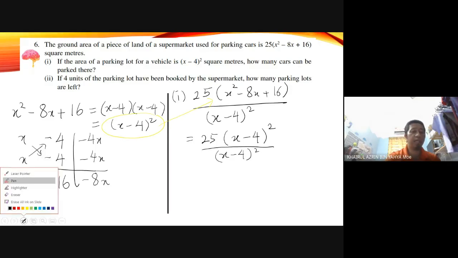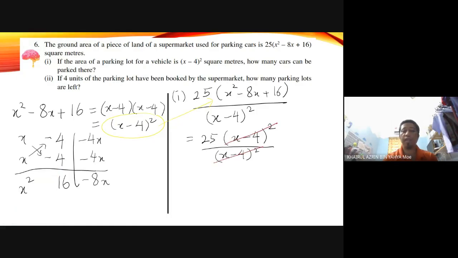Now we can eliminate x minus 4 squared with x minus 4 squared. The answer is 25.